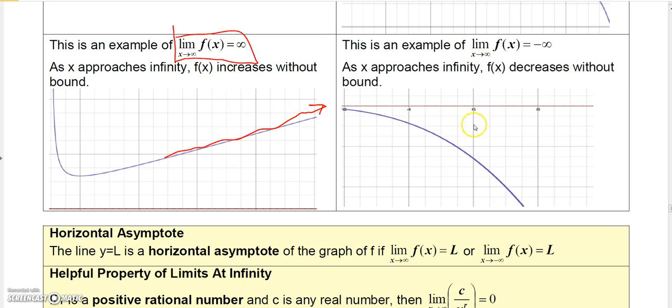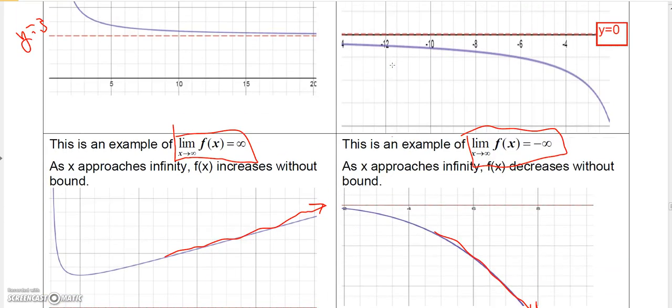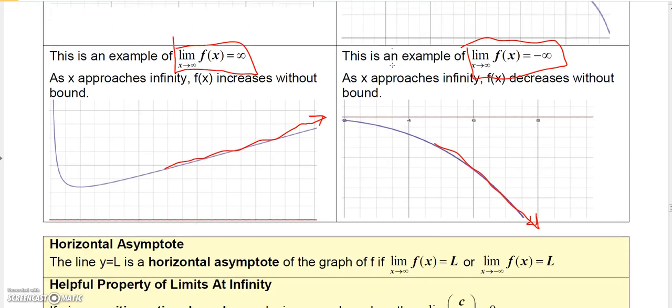On this other graph, as x gets larger, the y values get smaller and smaller, so the limit as x goes to infinity would be negative infinity. You wouldn't have horizontal asymptotes on these, but on the first two, you did.